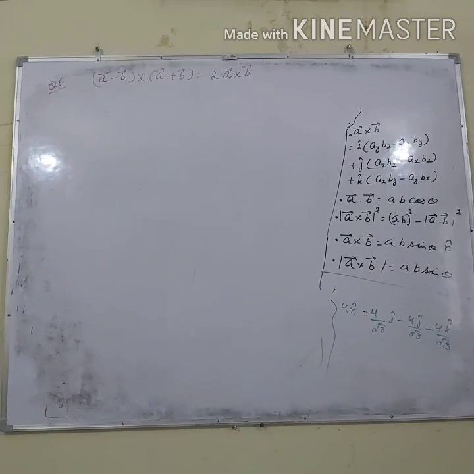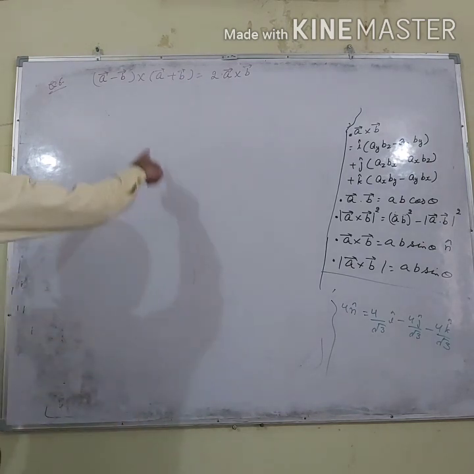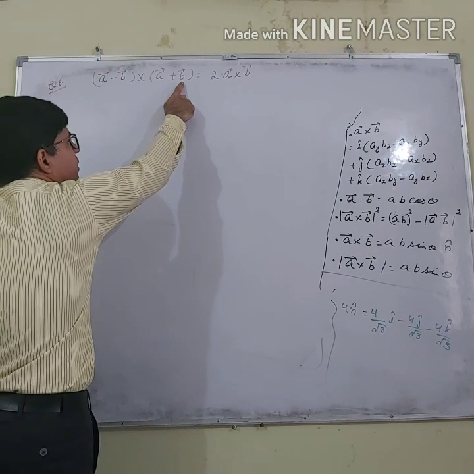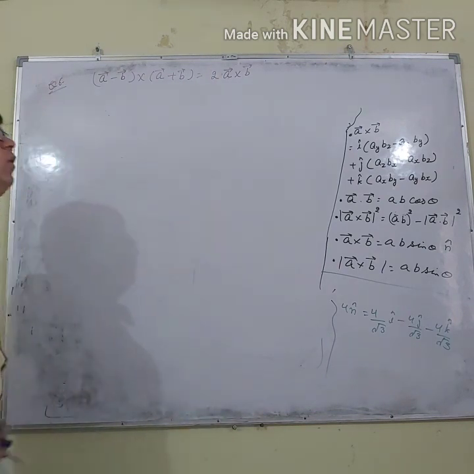Question number 6 is on the whiteboard. We have to prove that vector (A minus B) cross (A plus B) equals twice of A cross B. How to solve? First of all, open the brackets.